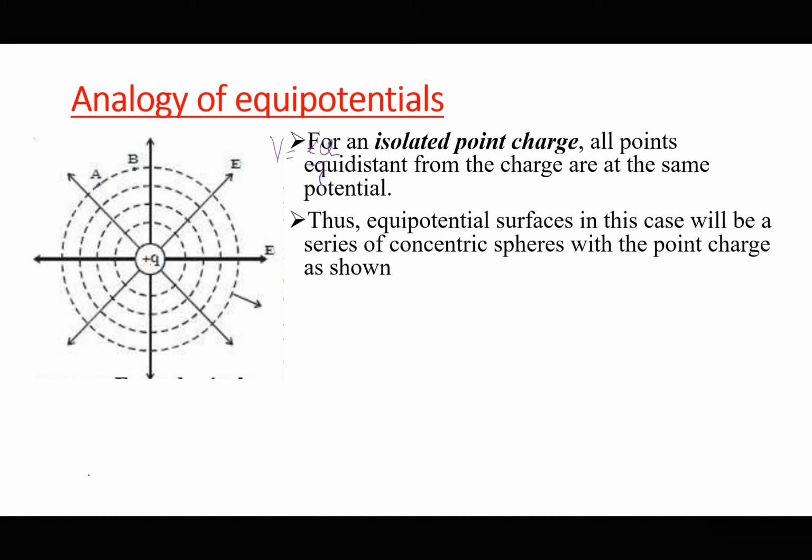It means equipotential surfaces in this case will be a series of concentric spheres around the point charge as shown. So these are considered equipotential surfaces. This one, that one, that one. Those are different equipotential surfaces. You'll also realize that at any one point, the field lines are at a tangent to the surface, meaning that the force due to the field has no effect on the motion of the object along the surface.